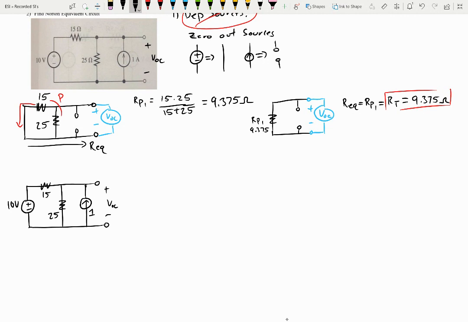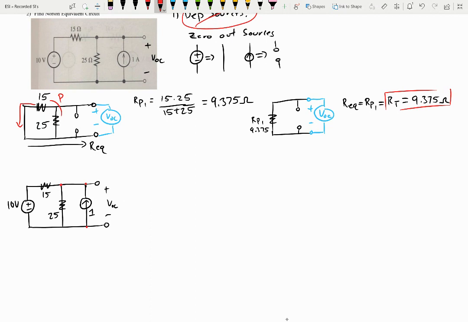Well, this entire thing isn't quite simplified yet. But we know that branches in parallel have the same voltage, right? So this open terminal voltage will be the same voltage as here and there, as here and there. And we know that voltage along this wire is going to be the same.